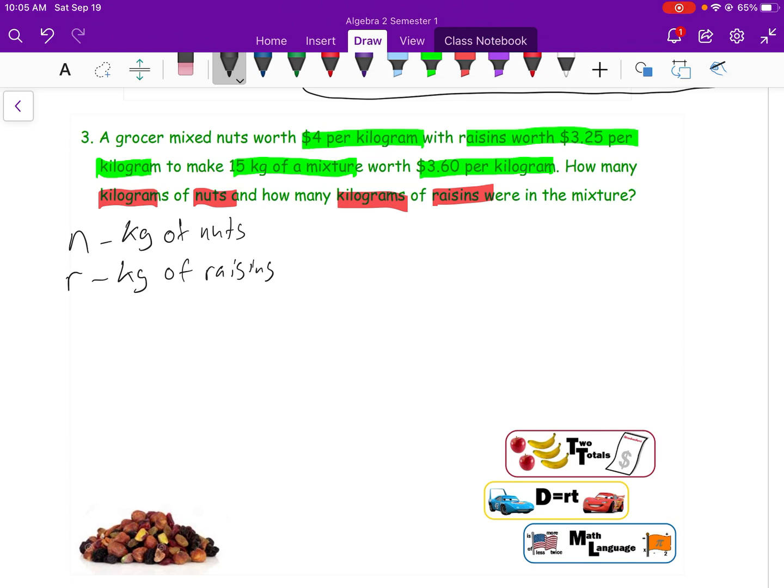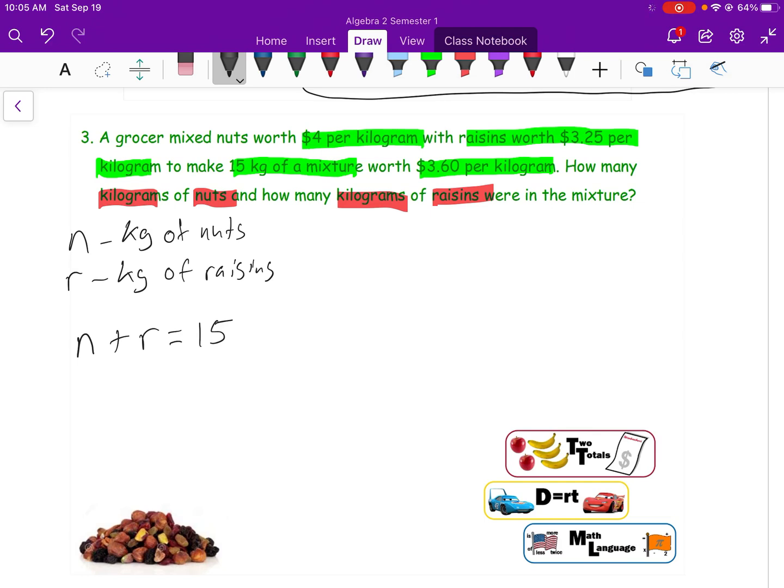So what we need to do is we have a total of 15 kilogram mixture, and it's comprised of the nuts and the raisins. So the kilograms of nuts plus the kilograms of raisins equals that total mixture, which is 15 in this case.